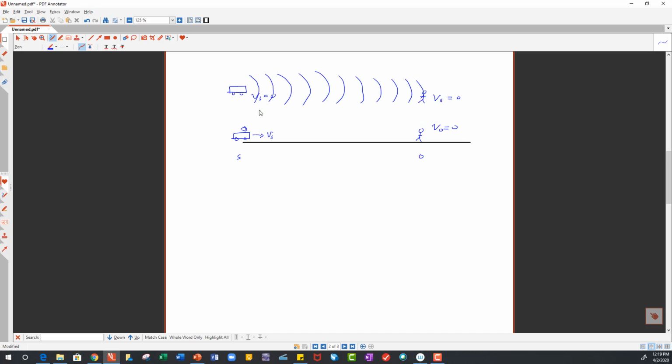However, if the ambulance is moving, conceptually, when it's emitting these peaks, this is again the peak of the sine waves, he moves a distance, speed times time, before he emits the next wave, and his next sound wave comes out. Well, if he's moving, the distance now starts to shorten of the wavelength. So what happens is the wave starts to compress. In other words, the spacing gets closer and closer as he's moving towards you.